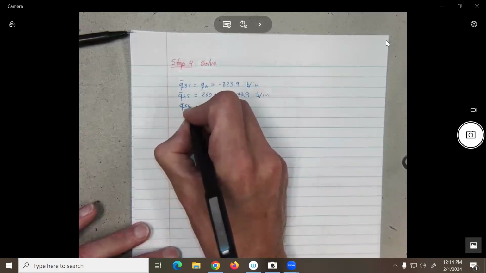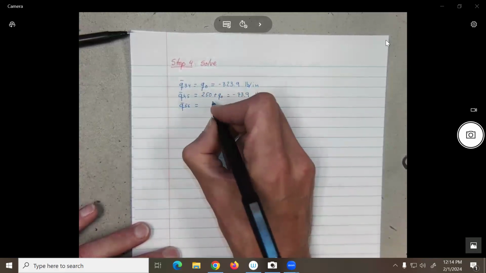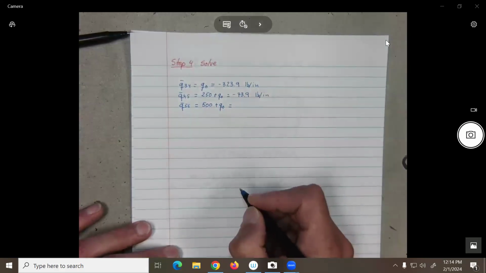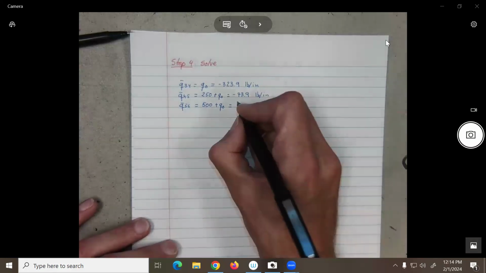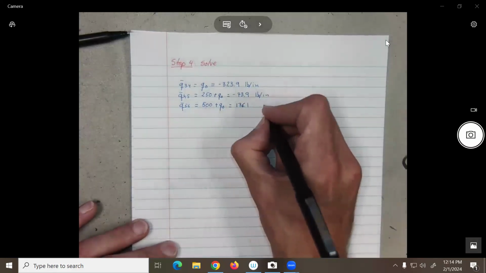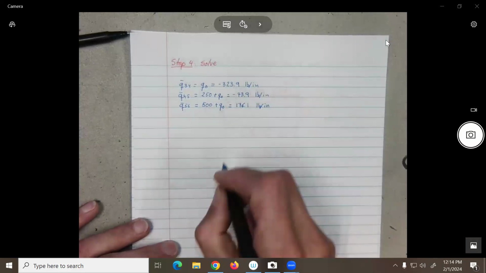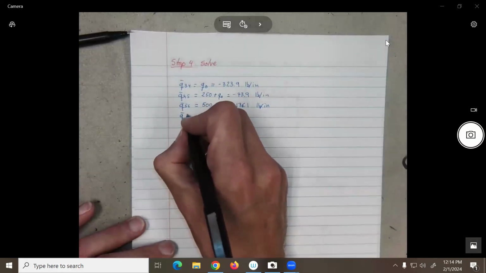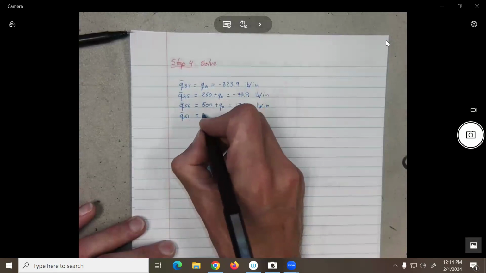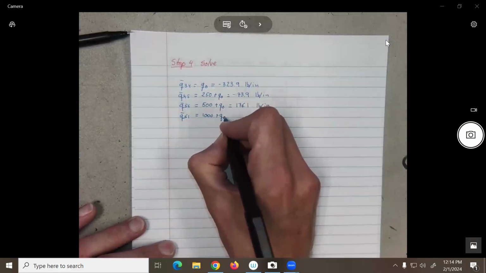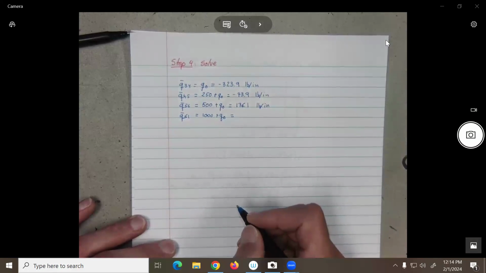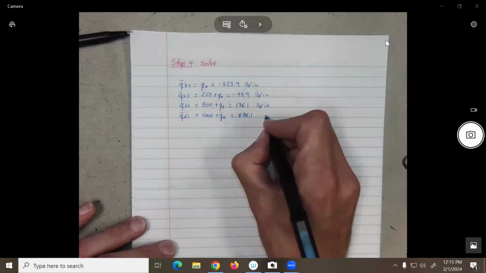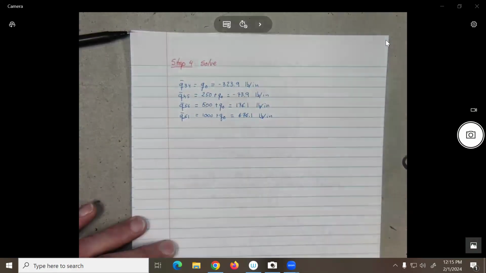Q bar 5, 6 is equal to 500 plus Q naught. So that will give you 176.1 pound per inch. Q bar 6, 1 is 1000 plus Q naught. So that will be equal to 676.1 pound per inch.